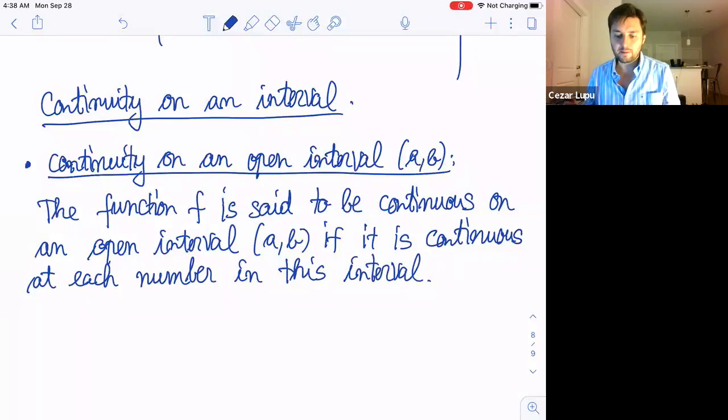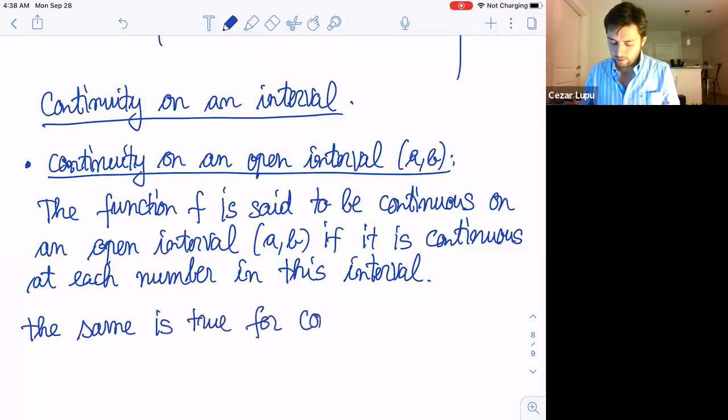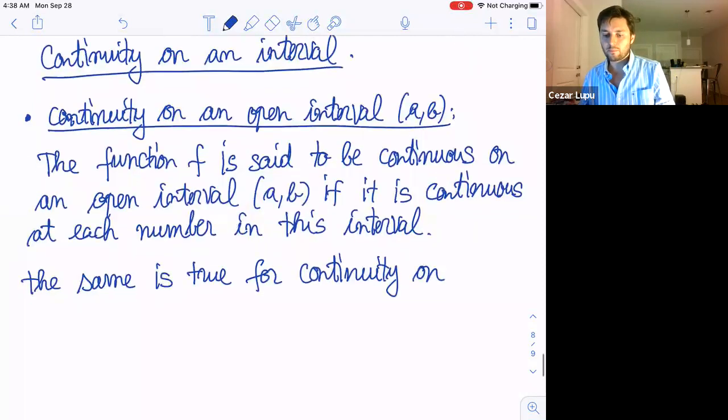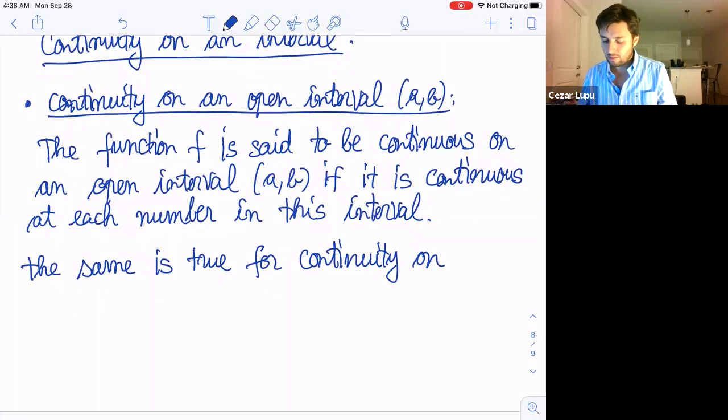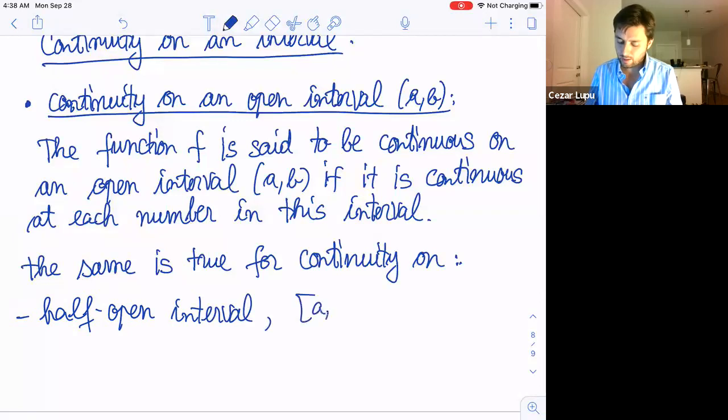Well, the same is true for continuity on, let's just say, a half open interval. Let's just say it's closed at A and open at B, right?